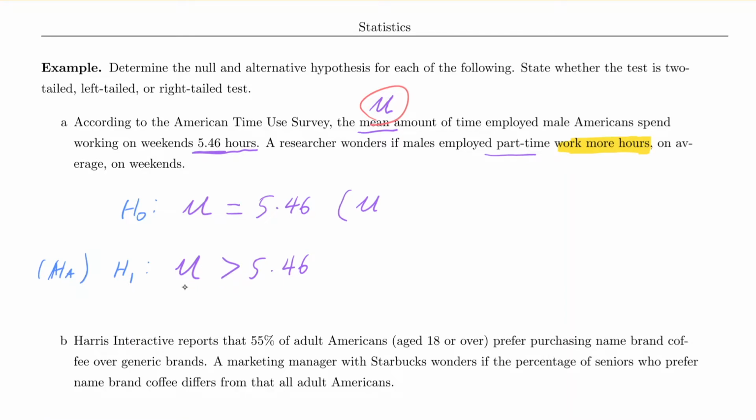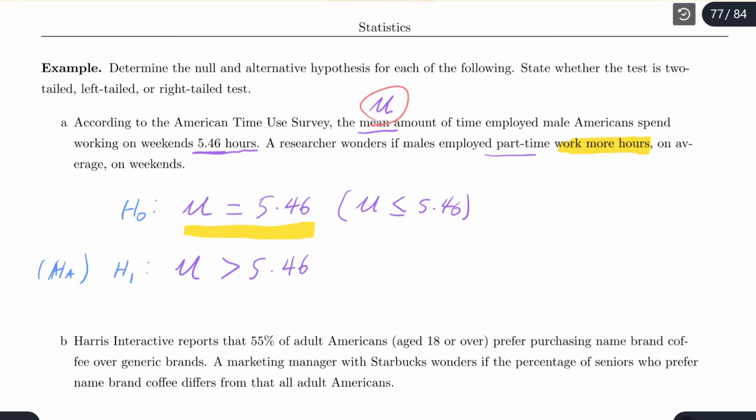Since it says mu is greater than 5.46, null hypothesis also could be less than or equal to 5.46. Either way we write the null hypothesis, the conclusion does not change when we find the conclusion later. From here, we'd do some calculation and find the conclusion, but we're just looking at the first part of hypothesis testing.